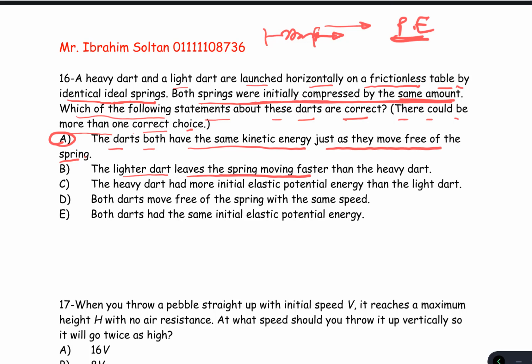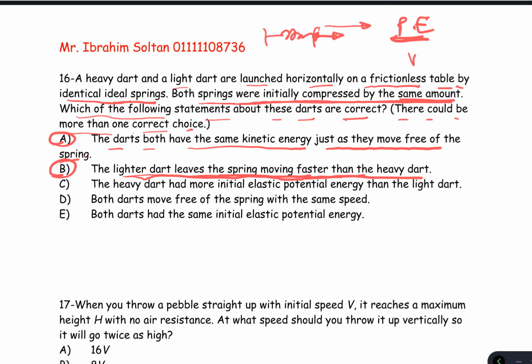Yes, same potential energy, so they move with the same kinetic energy, but the one that has more mass has less speed, and the one that has less mass has larger speed. So the lighter dart leaves the spring faster. The lighter one has more speed than the heavier one.